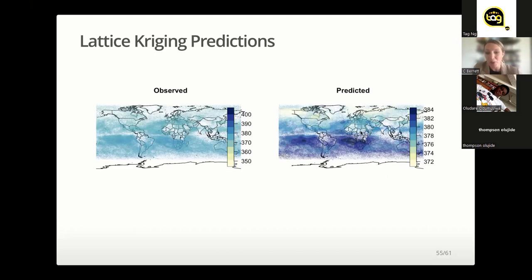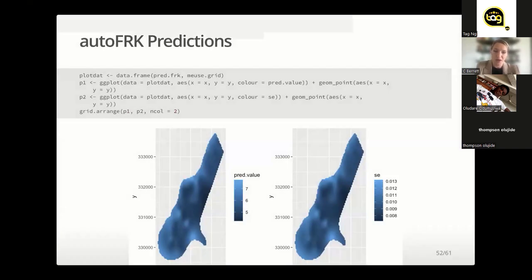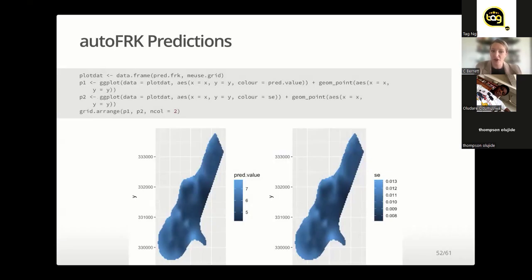But it's nice that we can see we have higher estimates down in the bottom of the south region of the world, and then smaller estimates in the north region of the world. One of the things I forgot to mention about these reduced rank methods, all of these methods for large data, is that they account for non-stationarity and isotropy, just because of the way that they're set up.